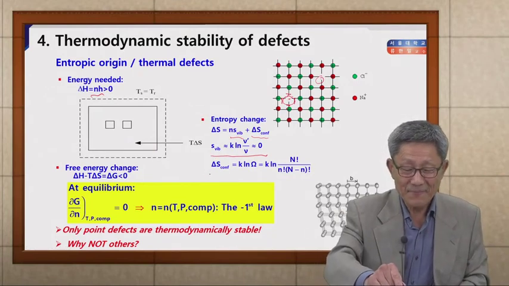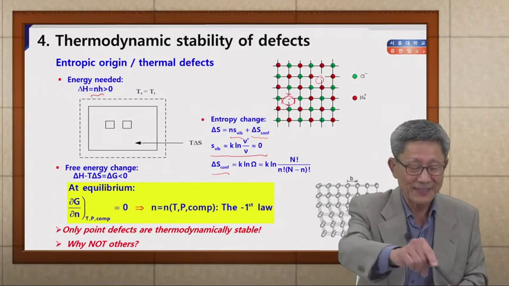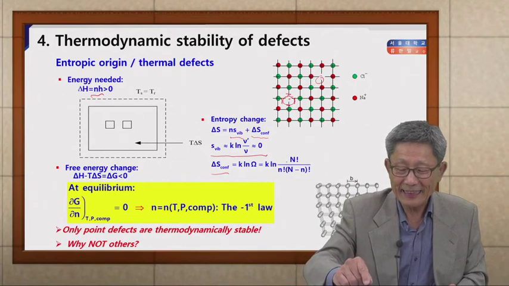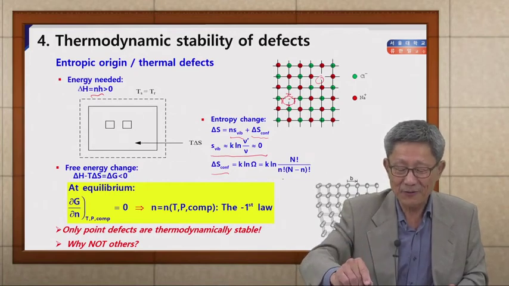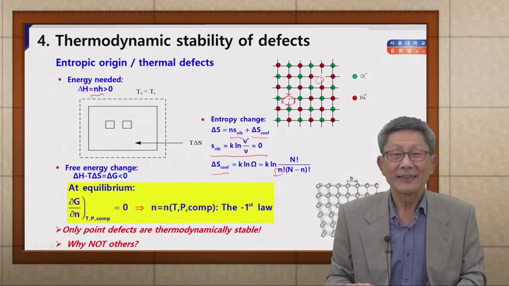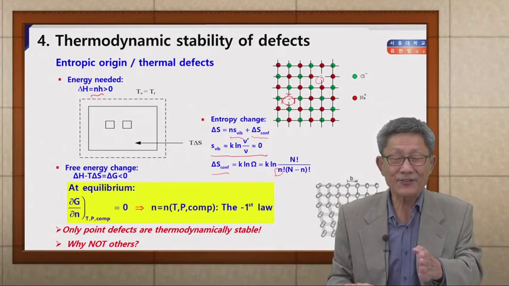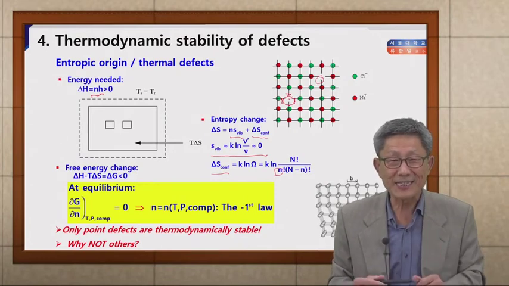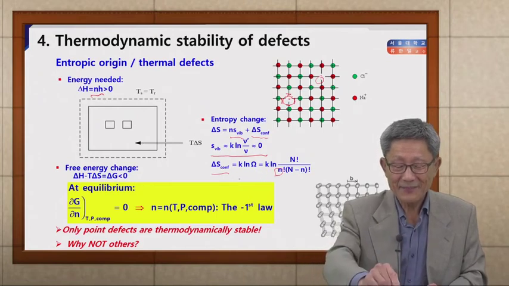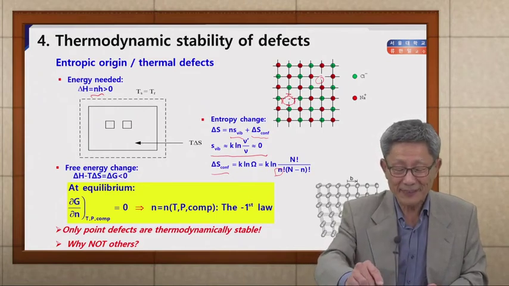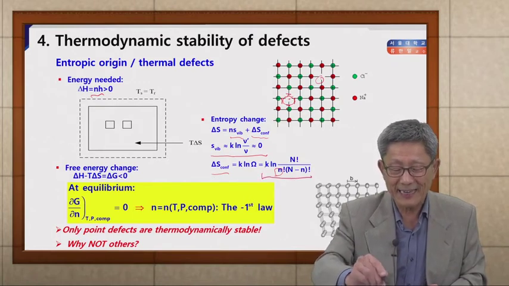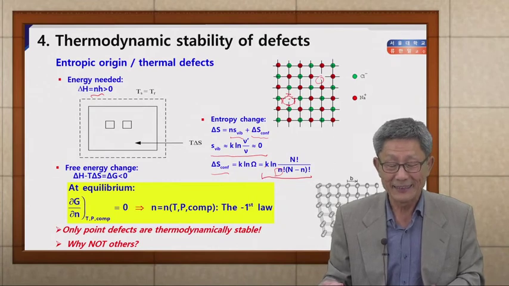But the configurational entropy is really huge because, suppose that you have N lattice sites and you are going to distribute small n point defects. Then how many distinguishable ways can you distribute your point defects? Due to the Boltzmann equation, you end up with the configurational entropy as big as this much. Here, k is the Boltzmann constant.